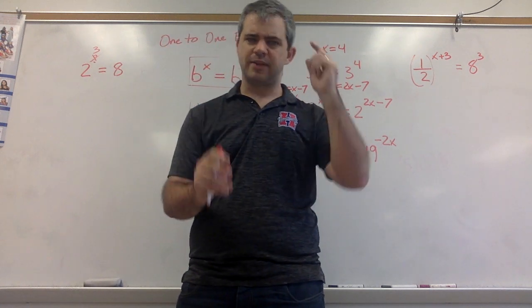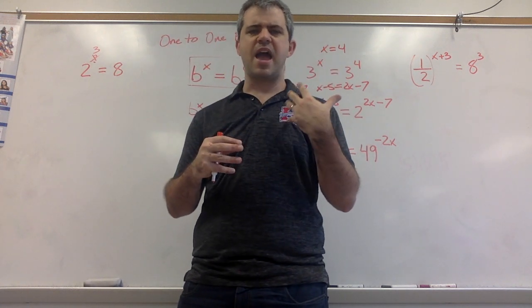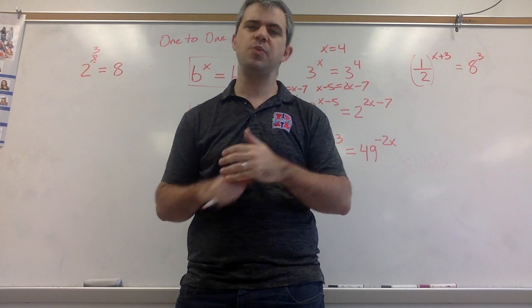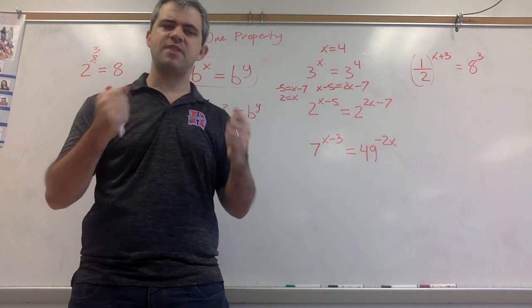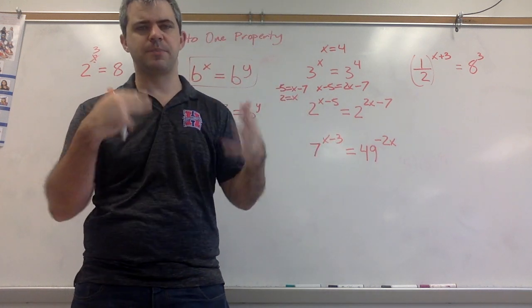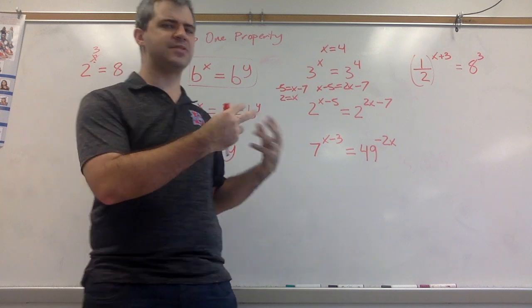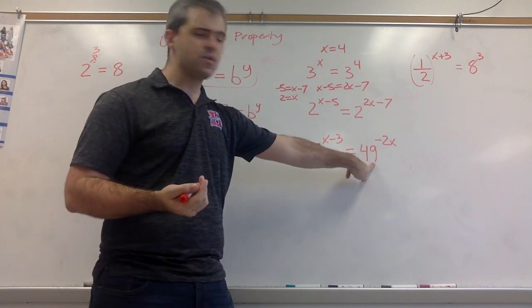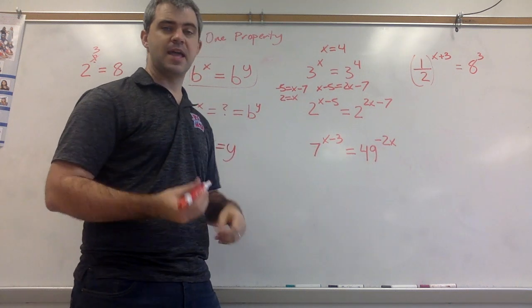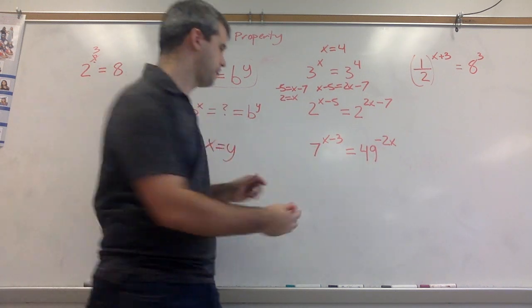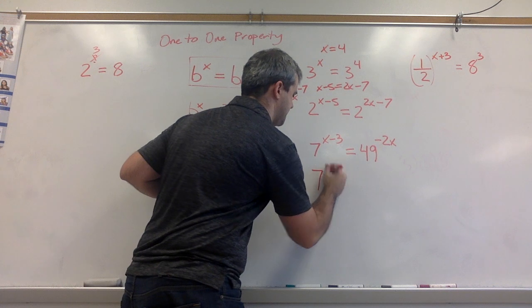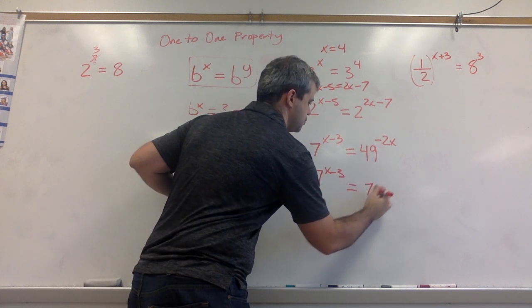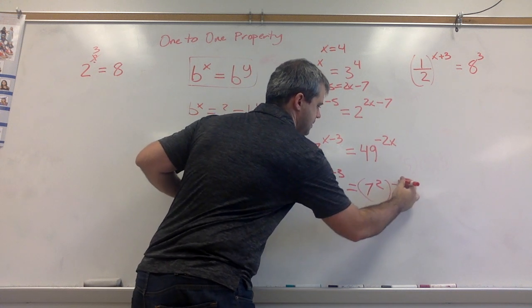Now, some of you have really strong mental math and that comes real easy, but if not, that's why I gave you the little cheat sheet to help you remember some basic ones that you can hold on to. So I'm going to rewrite 49 in terms of 7. This is 7 squared.